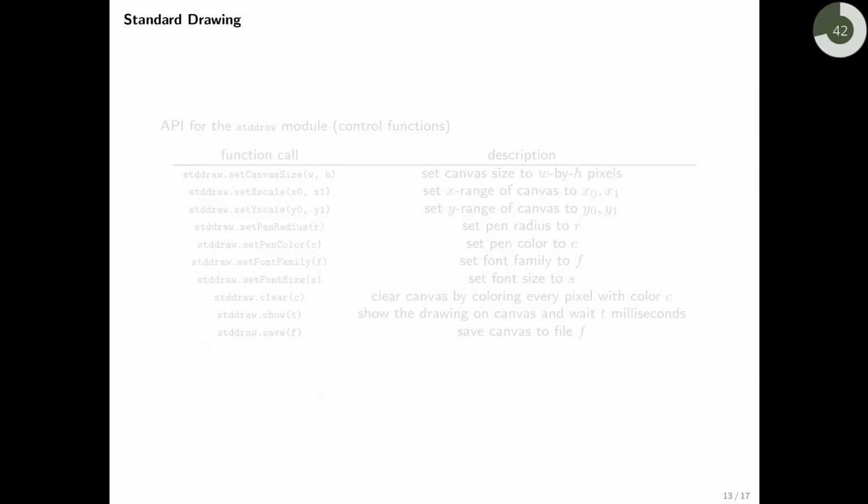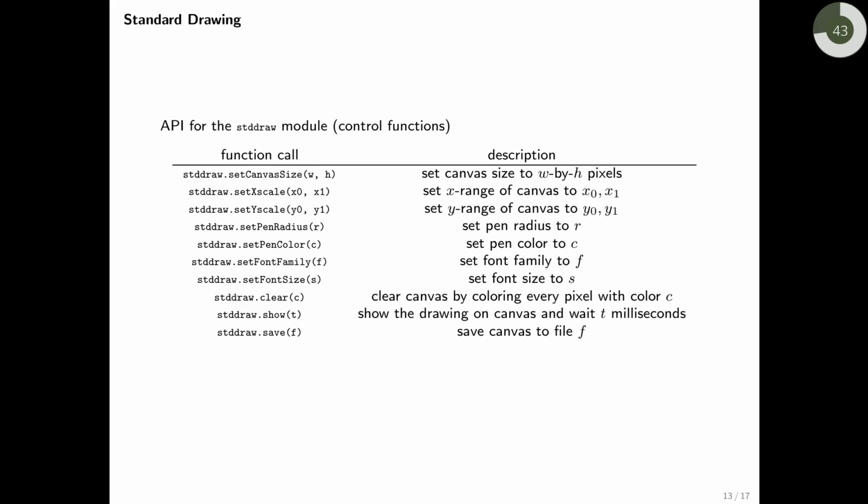In addition, it also has control functions. Here is a list of the control functions from the Std Draw module. You can set the size of the canvas using this function, which sets it up with a width of w pixels and a height of h pixels. So you're basically setting up a canvas that is w by h pixels.